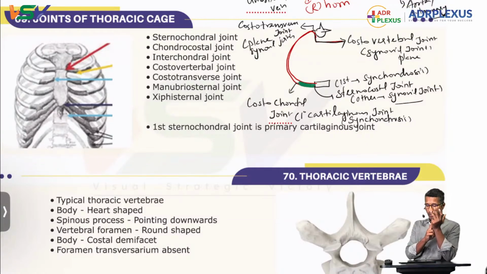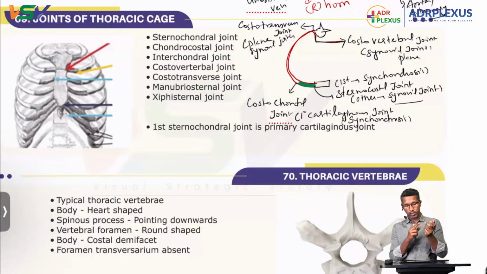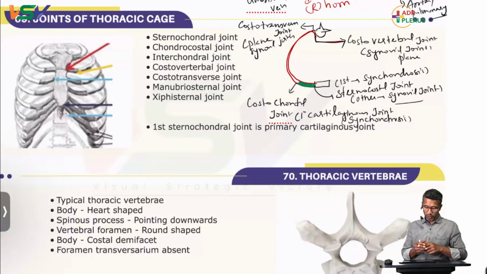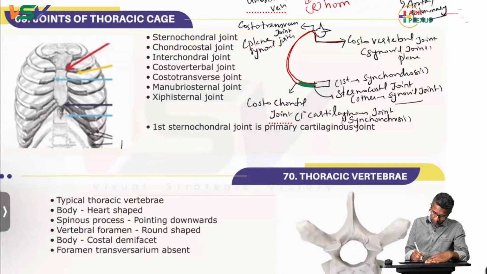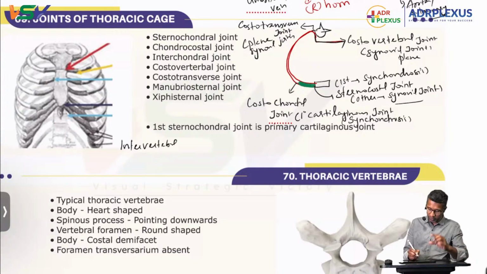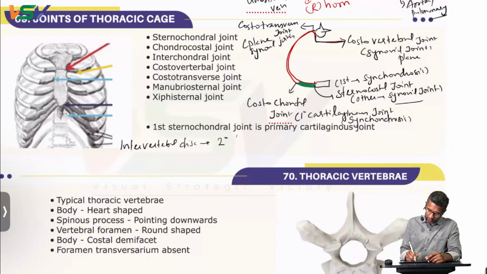Apart from the costotransverse, costovertebral and costochondral joints, you've got other joints here. To name a few, the intervertebral disc between the vertebrae is basically a secondary cartilaginous joint.